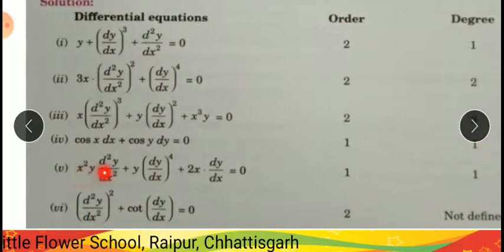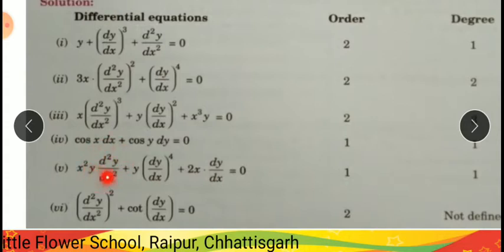In this differential equation, this is highest derivative, this is second derivative, and this is first derivative. You can see when we see the first derivative, order is 1 but degree is 4. But in a differential equation always we have to see the highest derivative term, means this is highest derivative term d2y by dx2.